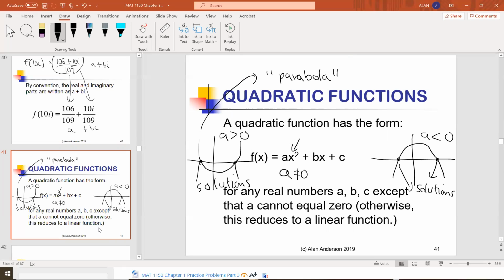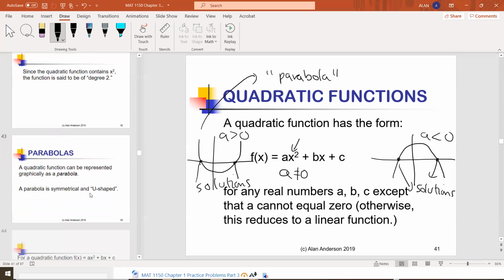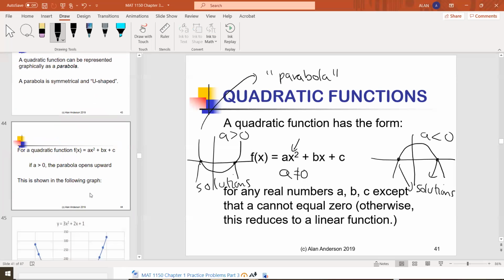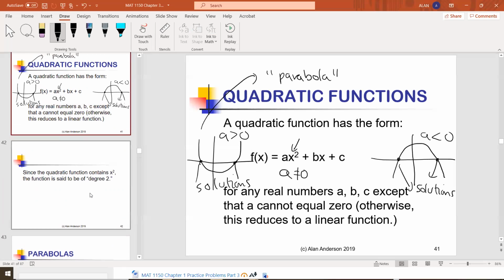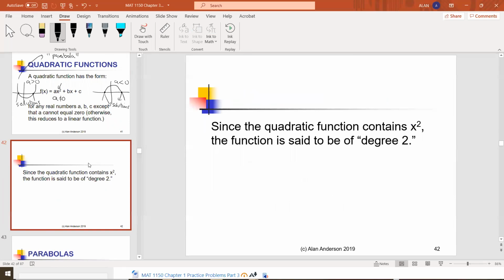So what we want to know is, how do we solve a quadratic function? Well, there's a couple of things we could do. One of them you're very familiar with, which we saw earlier, the quadratic formula. That's what it's meant for. Again, if you have an x squared term in your function, we call it quadratic, or sometimes it's called degree 2.